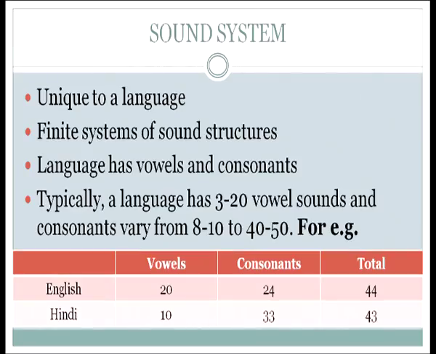Typically a language will have 3 to 20 vowel sounds, and consonants vary from either 8 to 10 or from 40 to 50. You all are aware of Hindi and English. English has 20 vowels and 24 consonants.